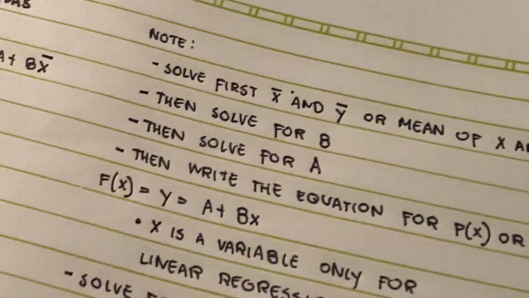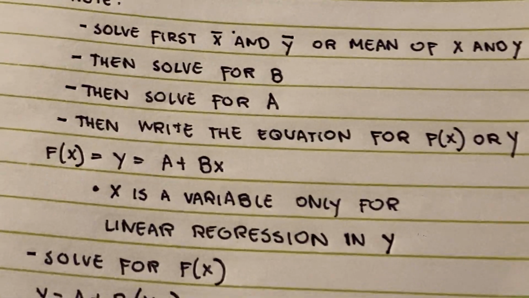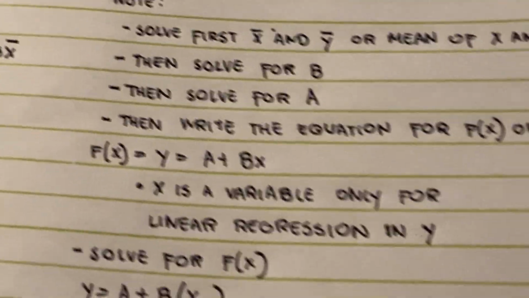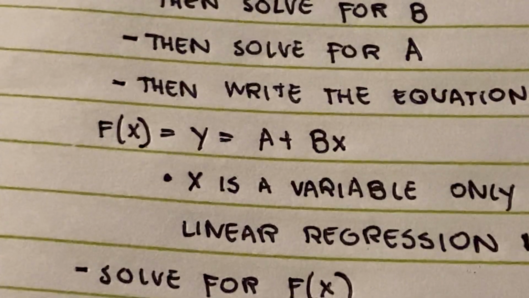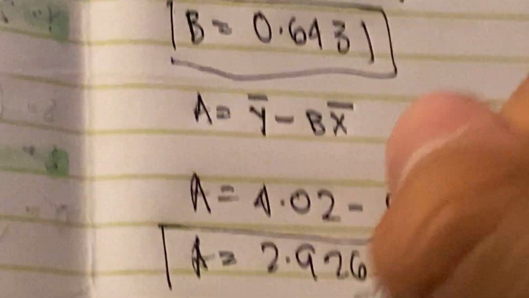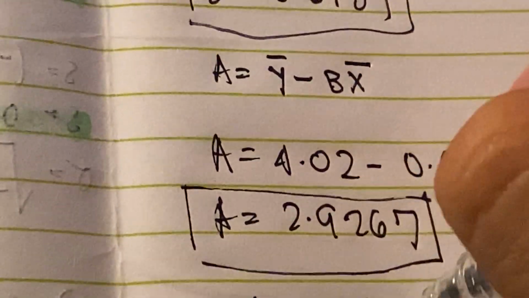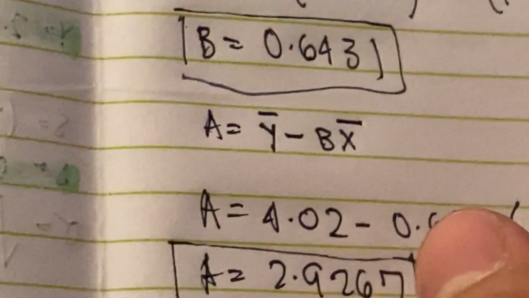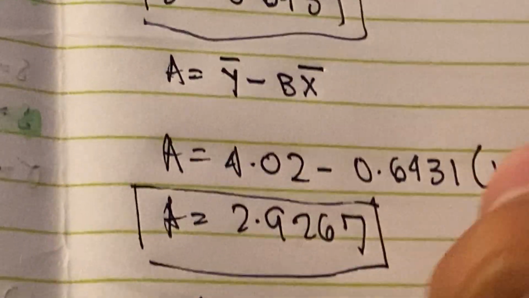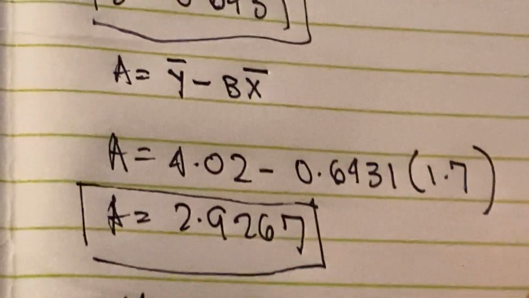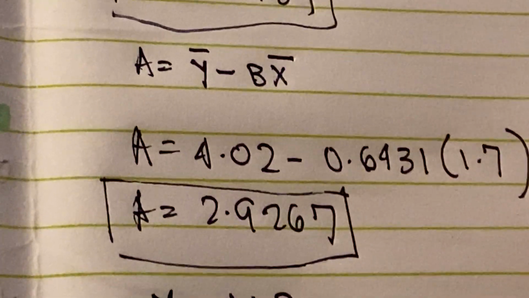So, meron tayong third step. Next naman, write the equation for f of x or y, which is sa y, equal siya sa a plus bx. So, y equals 2.9267 plus 0.6431 x.